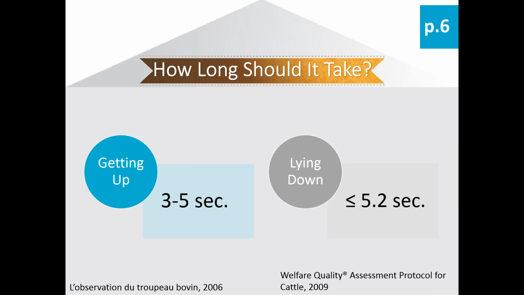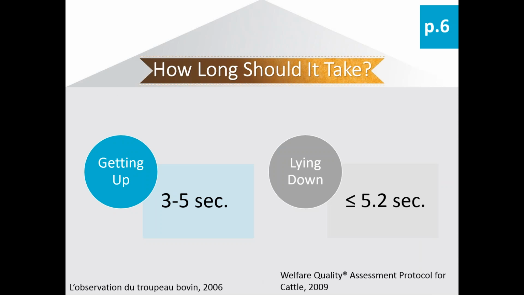So anywhere from 3 to 5 seconds to stand up, or really under 5 seconds to lie down in a proper manner. And when we see cows deviating from this, taking long periods of time to either stand up or lie down, then we know that there's probably some kind of inadequacy in the environment.